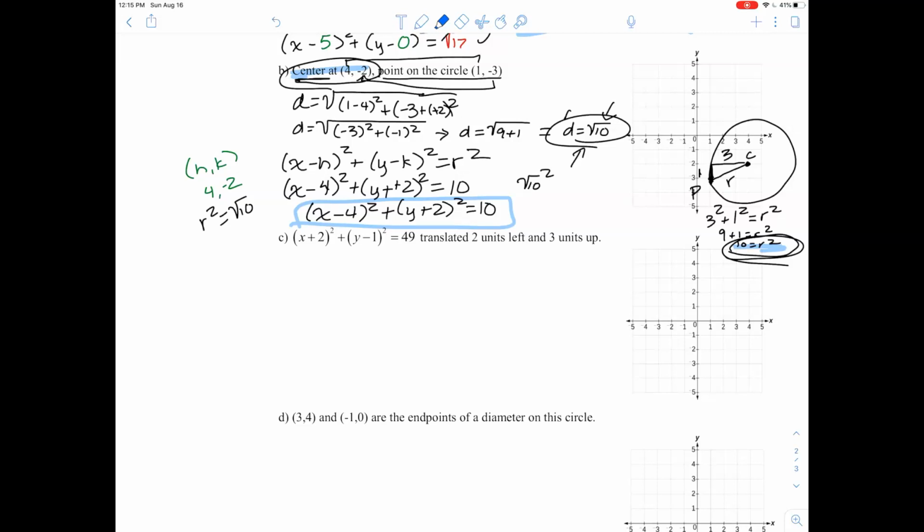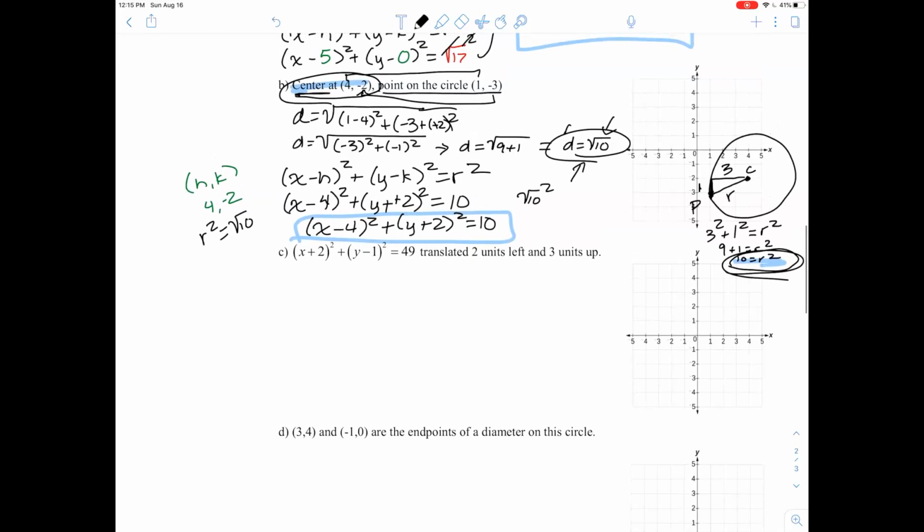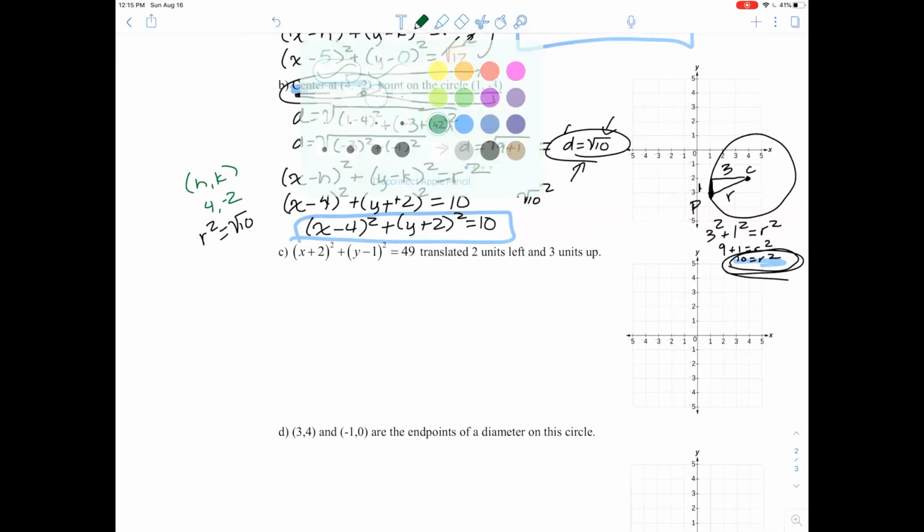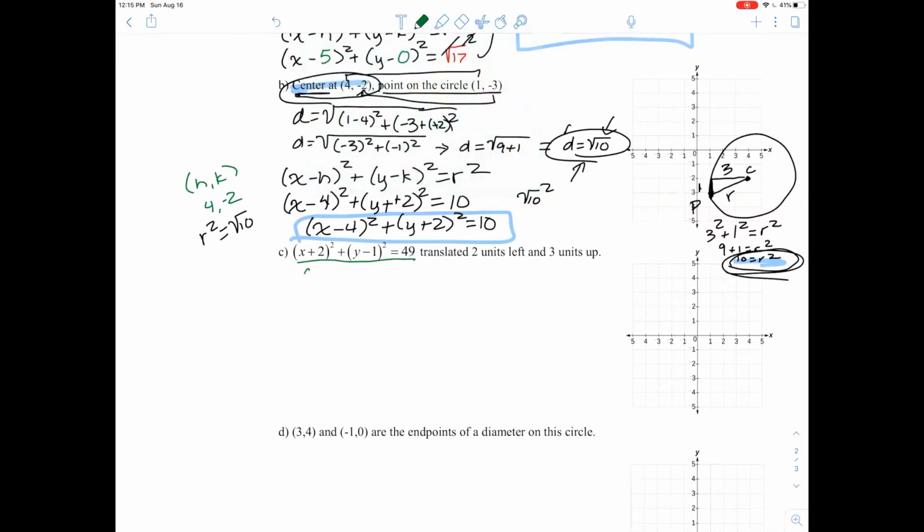That's what translated means. And so maybe one thing you could do is take the center of my original circle, which would be at -2, 1, because that's my h, k, right? So -2, 1, and I could just put it right there. So there's my original center, and I could actually take my center and translate it.